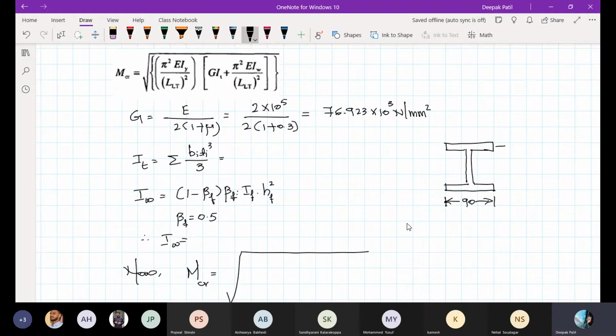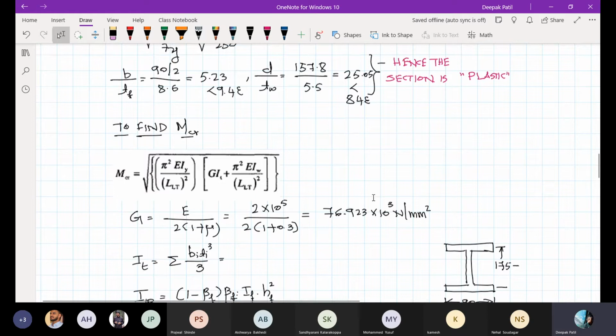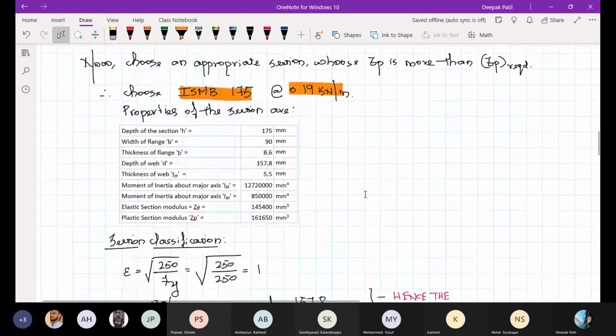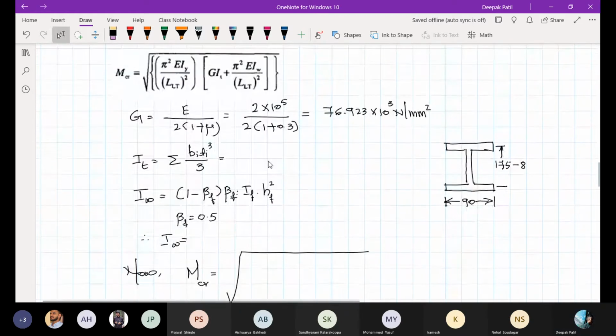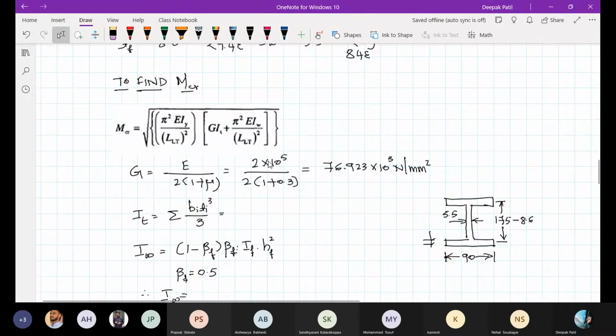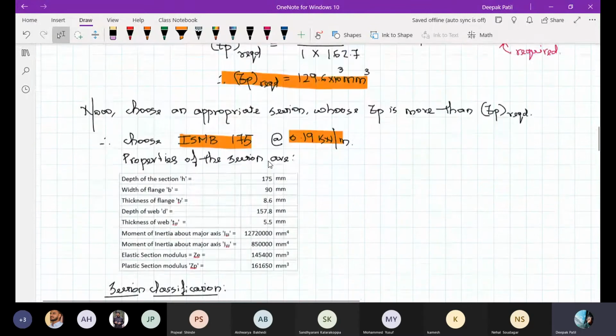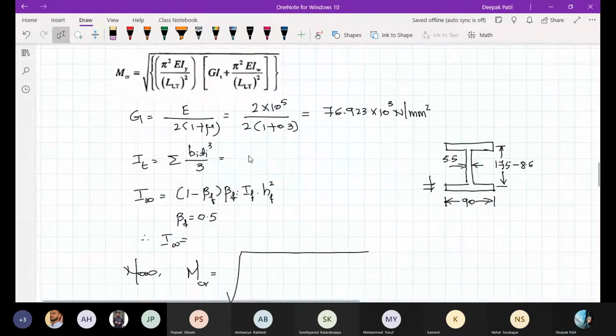And the center to center distance is 175, the total depth, minus the thickness of flange, which is 8.6. The width of web is 5.5 and the thickness of flange is 8.6.